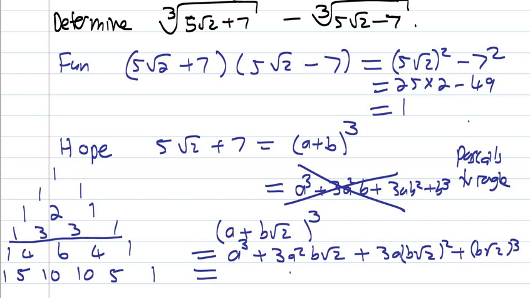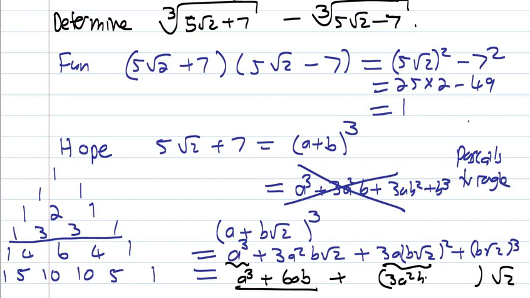So if you rearrange this, and I'm going to collect this term and this term together, I get a cubed plus root 2 squared becomes 2. 3 times 2 is 6, so this becomes 6ab. And then the other 2, I can take out root 2 as a common factor, and I'm left with 3a squared b. And here I get b cubed. Root 2 times root 2 is 2, and I get this.